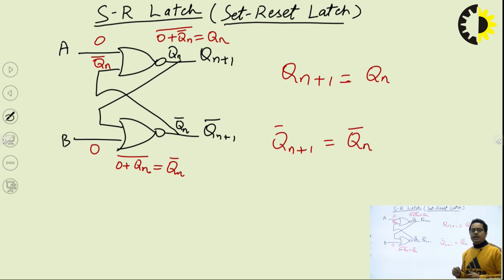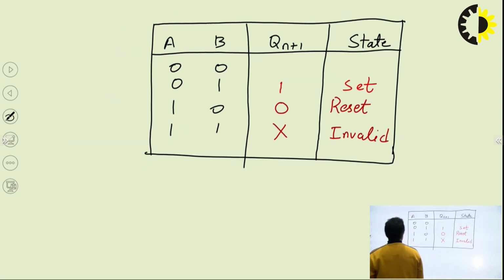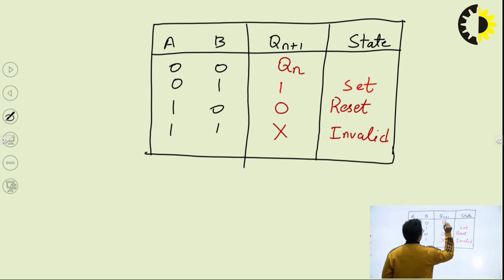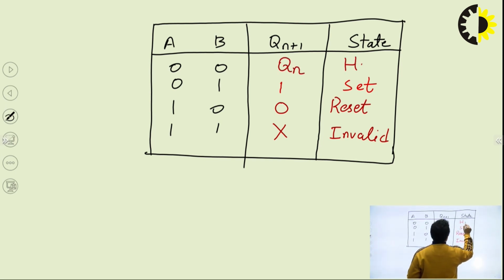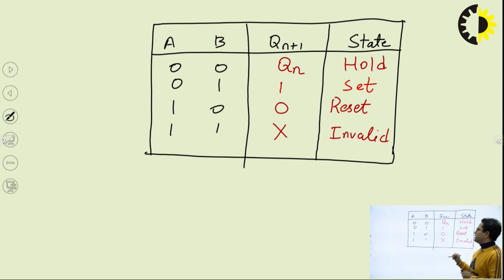So this is the value that I am getting, and this state, as we have discussed, is called as a hold state. Fine. So let us try to complete our truth table. So Qn plus 1 equals Qn, and this is called as hold state, right? So that is the description for the SR latch.